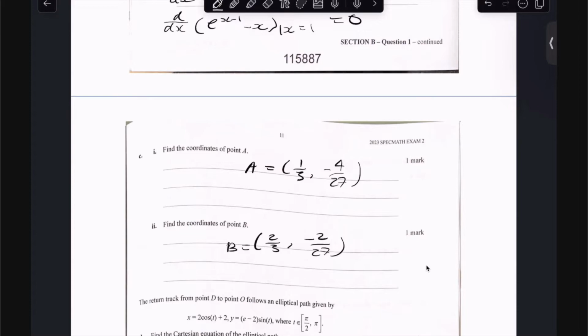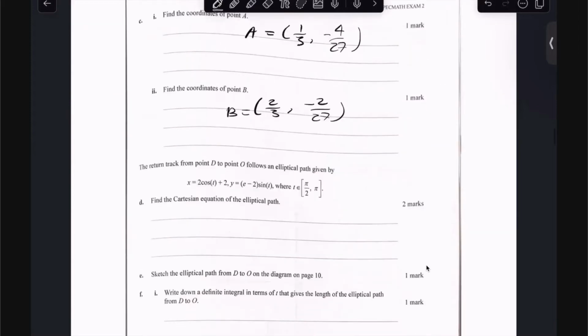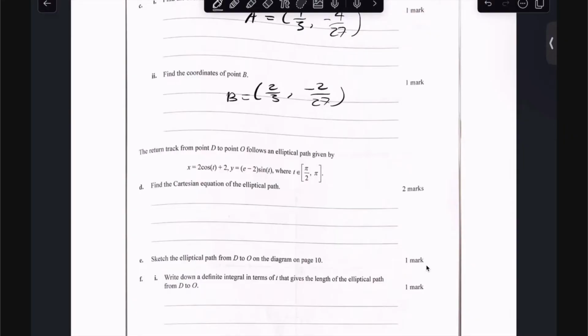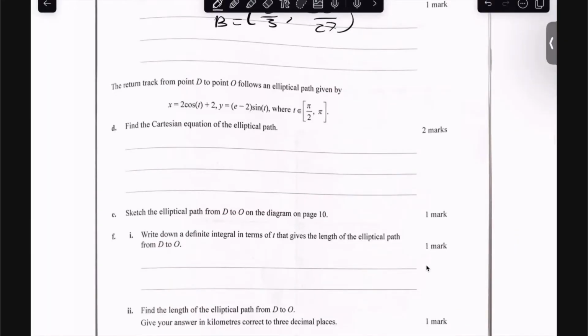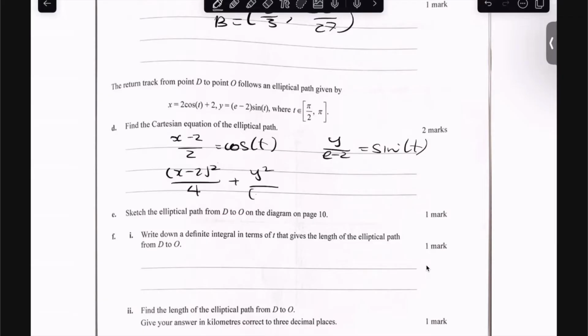Yep. The return track from point D to point O follows an elliptical path given by that. Find the Cartesian equation. So x minus 2 over 2 is equal to cos t. y over e minus 2 is equal to sin t. That's new. x minus 2 squared on 4 plus y squared on e minus 2 squared is equal to 1.